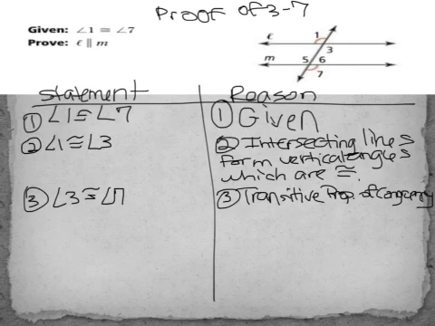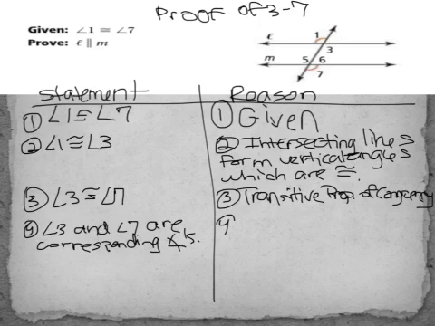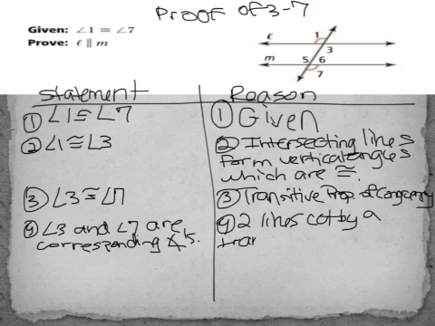Since angle 3 is congruent to angle 7, and we know that angle 3 and angle 7 are corresponding angles because two lines cut by a transversal form corresponding angles.